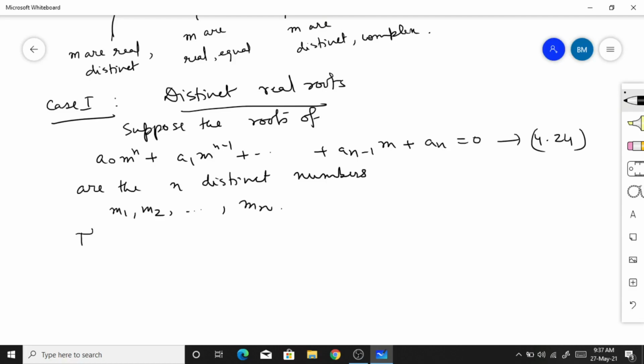Then e to the power m1x, e to the power m2x, ..., e to the power mnx are n distinct solutions.